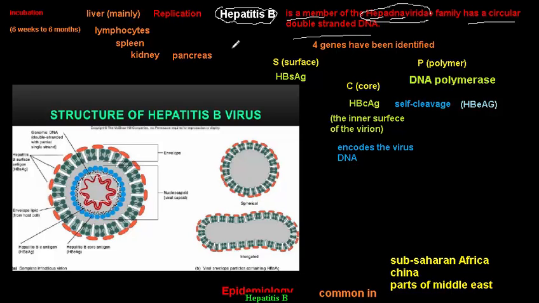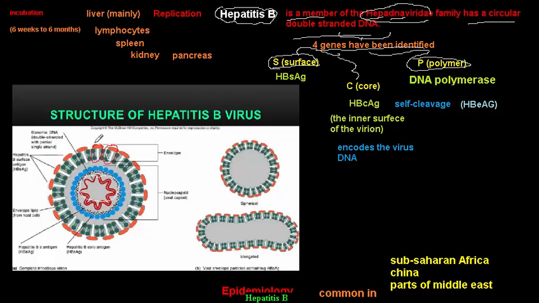In hepatitis B we have 4 genes that have been identified. We have what we call the surface gene, the core gene, and the P polymerase gene and other genes. The surface gene encodes what we call the surface antigen. This is the surface antigen of hepatitis B virus.